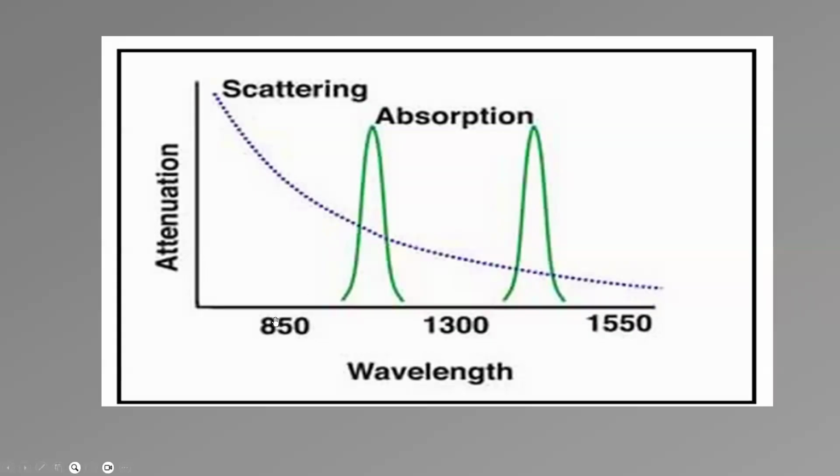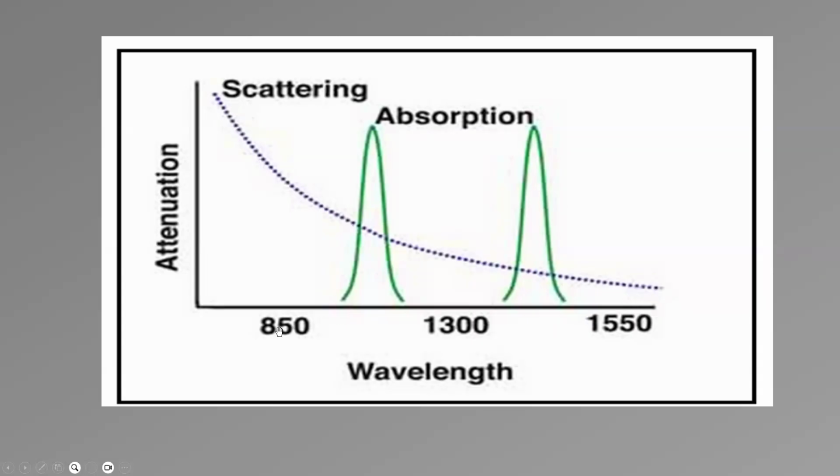So you see here 850 is a typical wavelength of transmission, because here scattering is still there, but it's bearable. At 1300, the scattering is even less, so that's better for us. And over here, 1550, the scattering of light is pretty much minimal compared to this side here. So yeah, that's where we want to be.